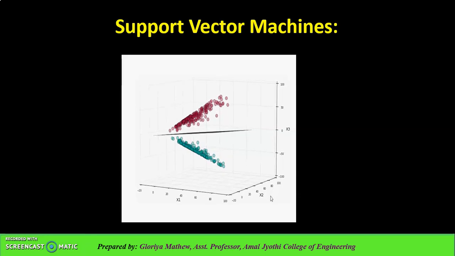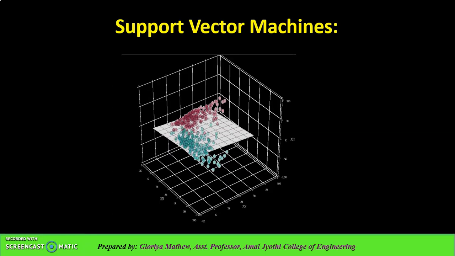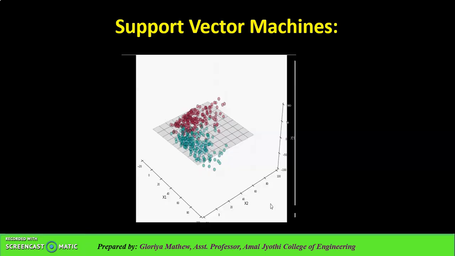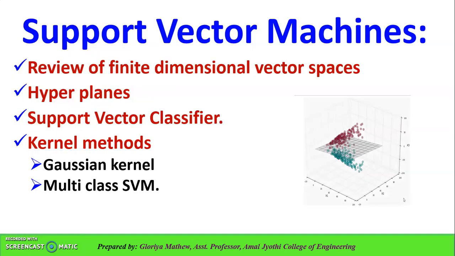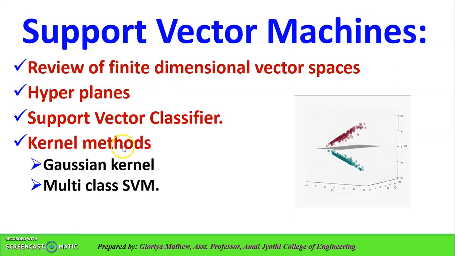In that module, I already said that support vector machines and neural networks are two examples of black box methods of machine learning. In this module we will discuss finite dimensional vector spaces, hyperplanes, support vector classifier, kernel methods, Gaussian kernel, and multi-class SVM. These are the contents of the fifth module.